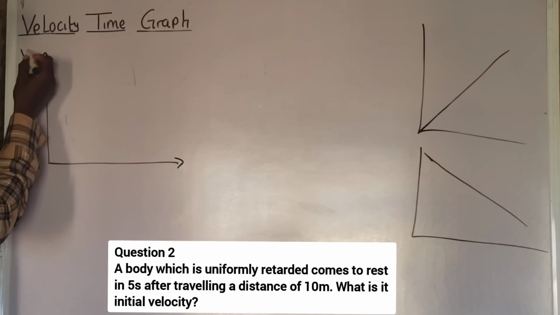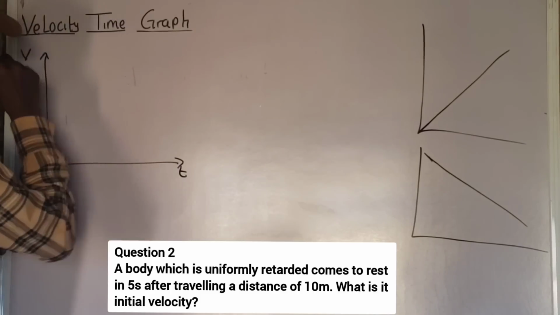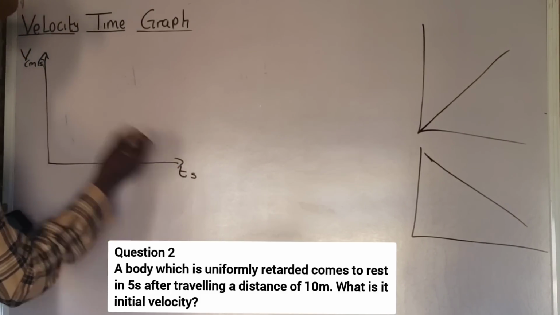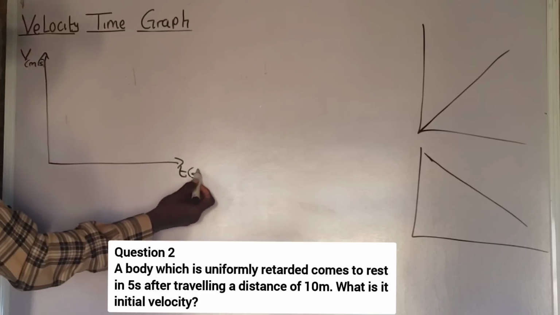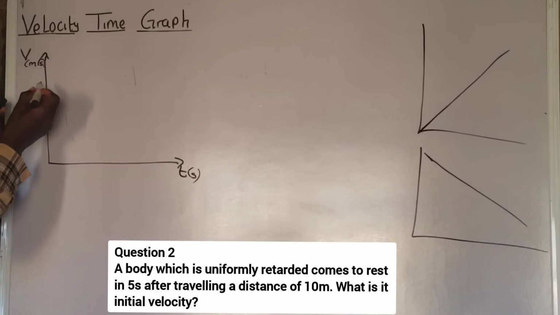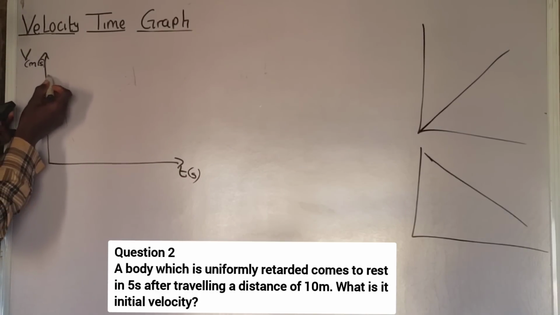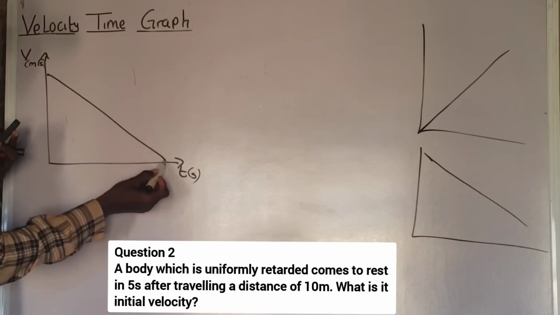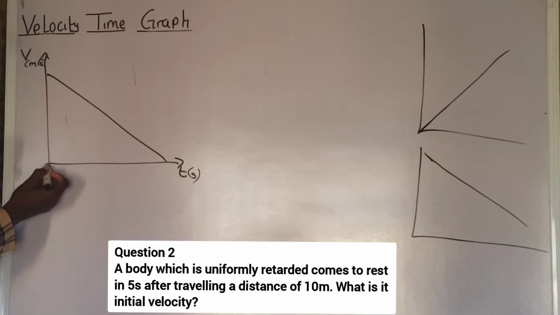Okay. We have V and we have T. V in meters per second and T in seconds. Now, the body which is uniformly retarded comes to rest in 5 seconds. So, since it comes to rest, the velocity diagram will look like this. So, this will be 0.